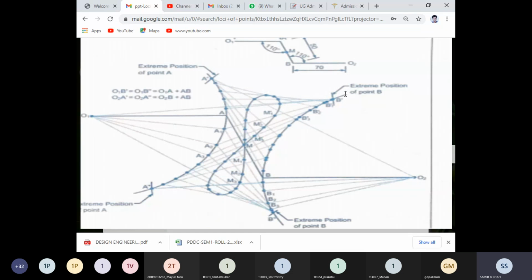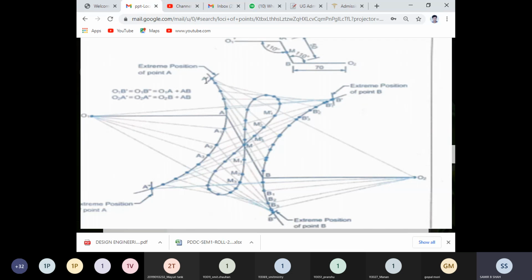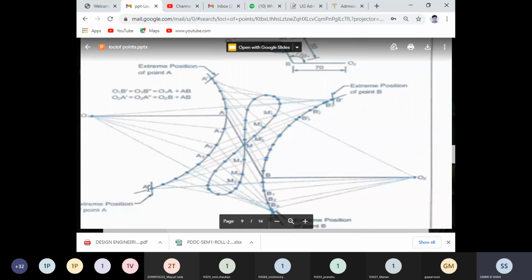After that, take O2 as a center and radius equal to 70 plus 50, that is 120, and the extreme points where it intersects are A dash and A double dash.